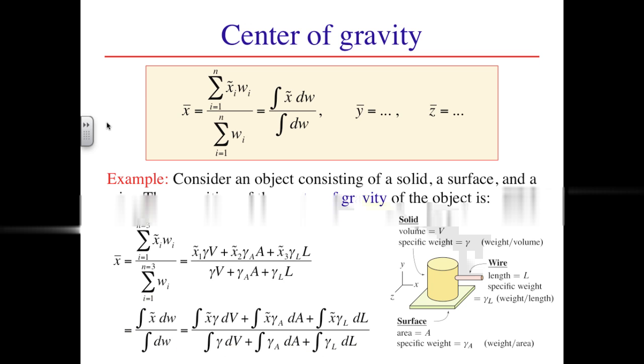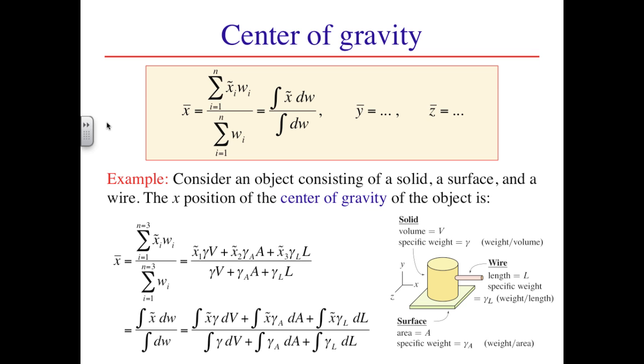The center of gravity is the force-weighted average of the centers of all constituents making up the assembly. Note that we can replace the specific weight symbols, the gammas, with products of volumetric, areal, or linear mass density times little g. For uniform g, the g cancels in the numerator and denominator, and there is no distinction between center of mass and center of gravity.